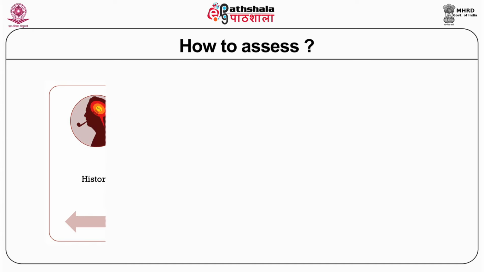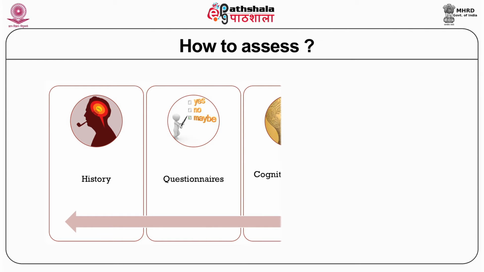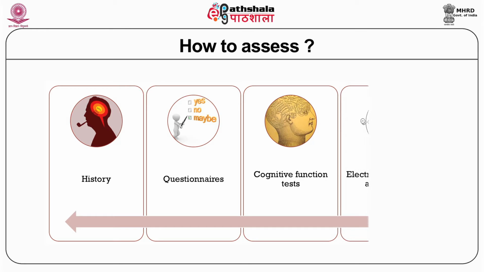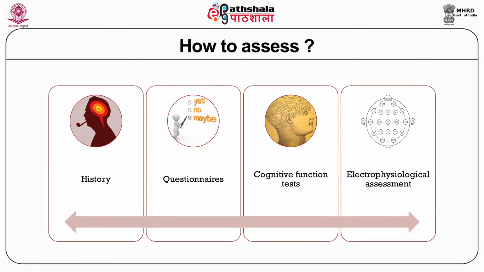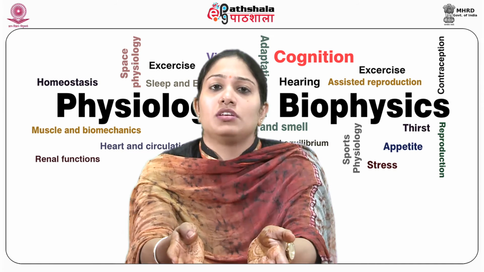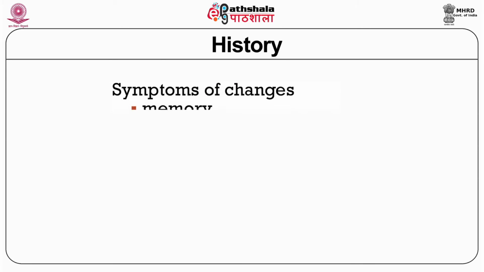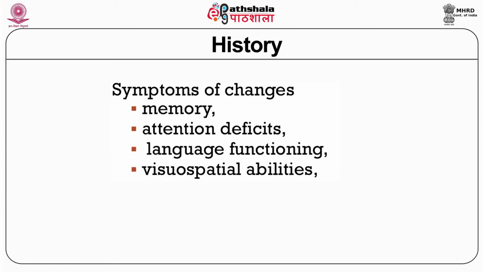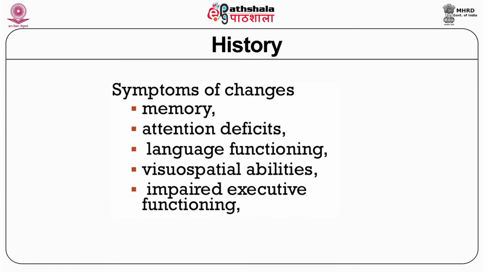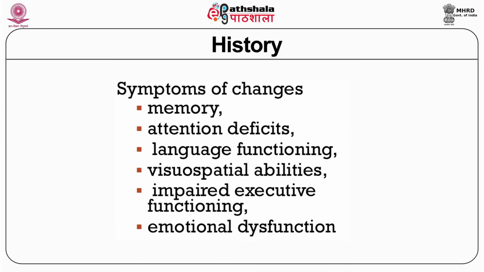So now cognition can be assessed using clinical history, questionnaires, cognitive function tests and the electrophysiological studies. So what in history? We can actually record the symptoms of changes in memory, in attention, in language, in the visuospatial abilities, impaired executive functions or the emotional dysfunction.